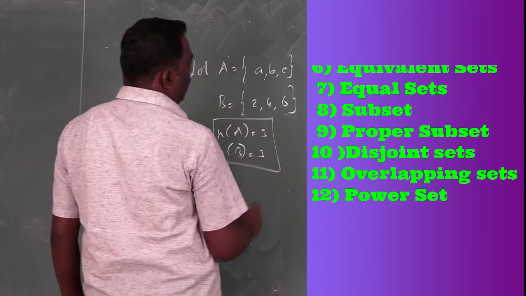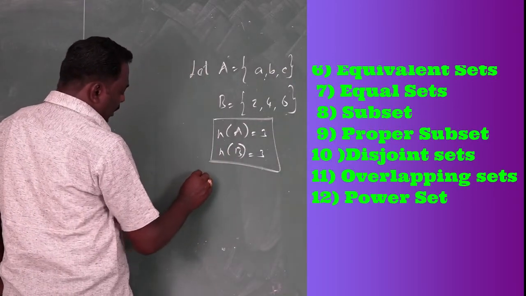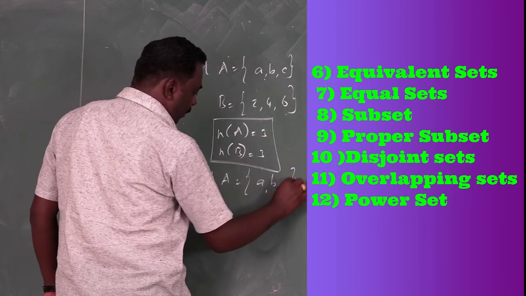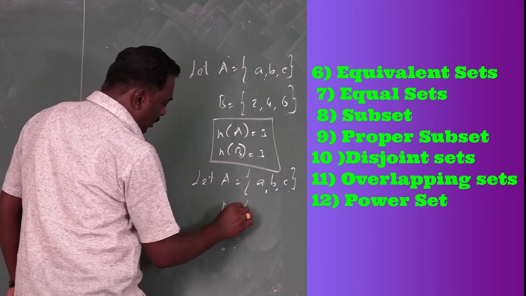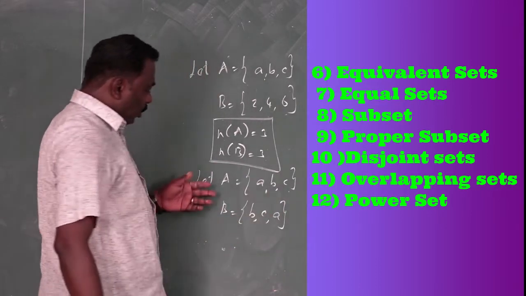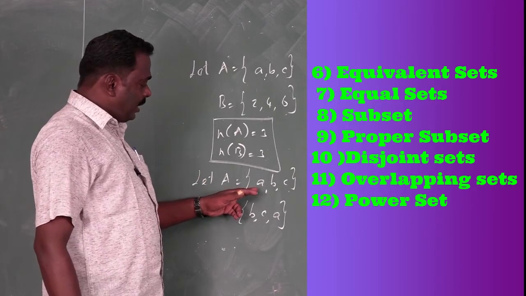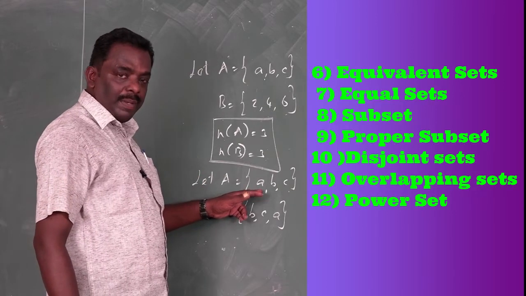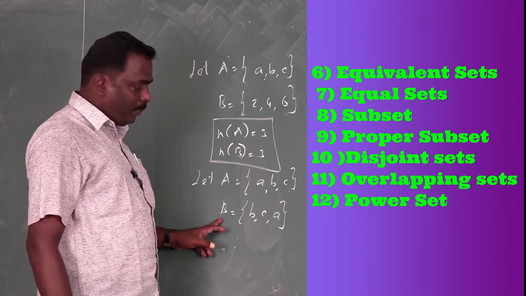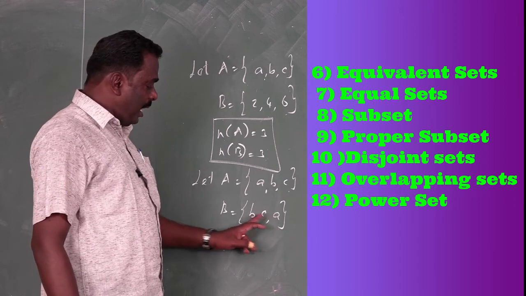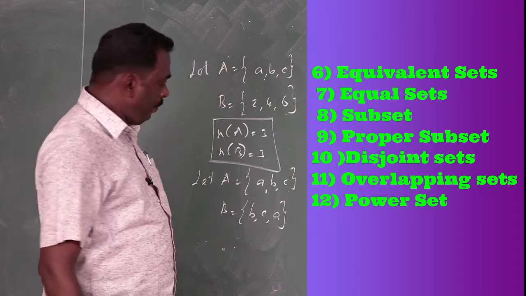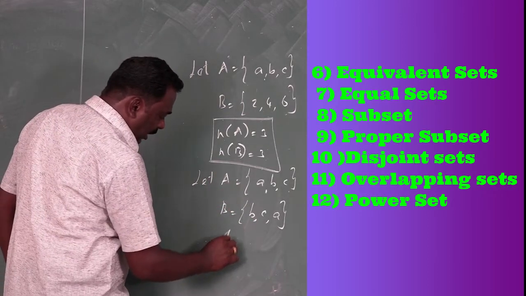The next one is called equal sets. Let set A equal a, b, c. Another set B equal b, c, a. In the two sets A and B, the elements of A are a, b, c, and the elements in set B are the same, a, b, c. Same elements, same number of elements in sets A and B. Those two sets are defined as equal sets.